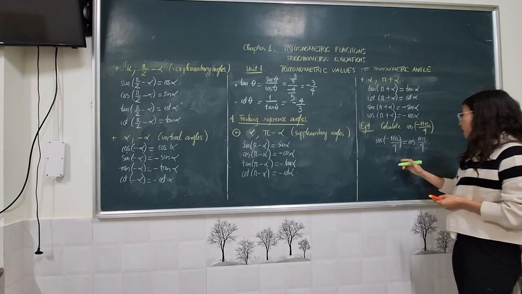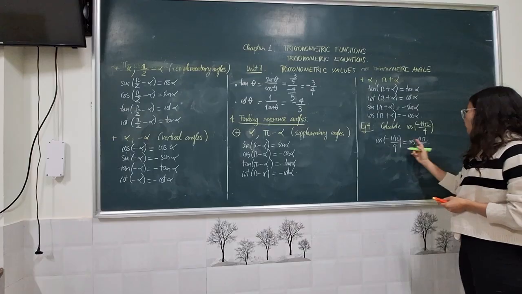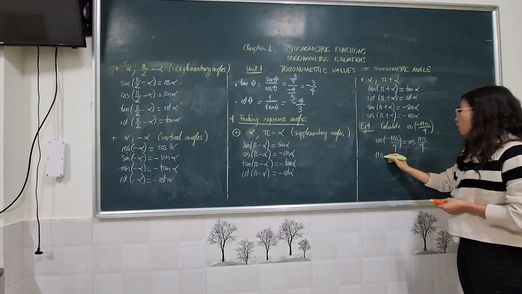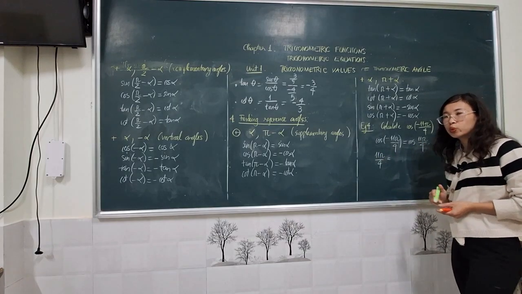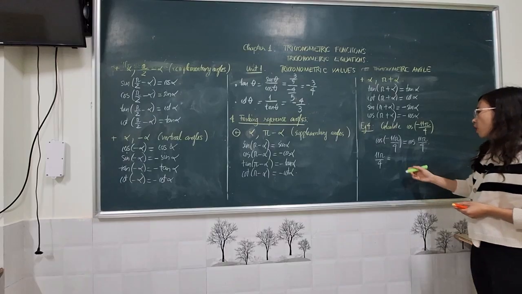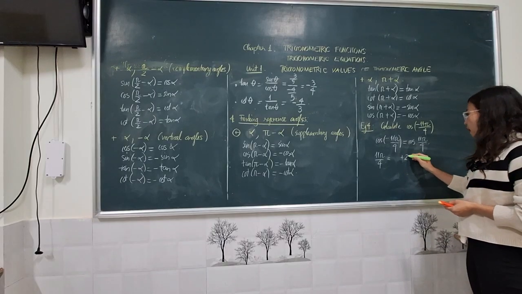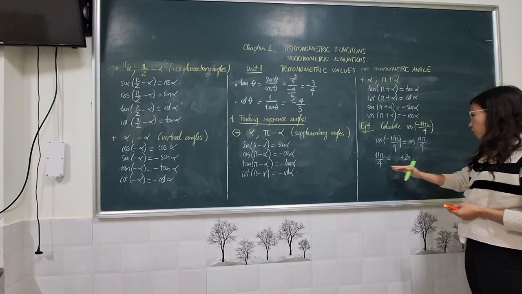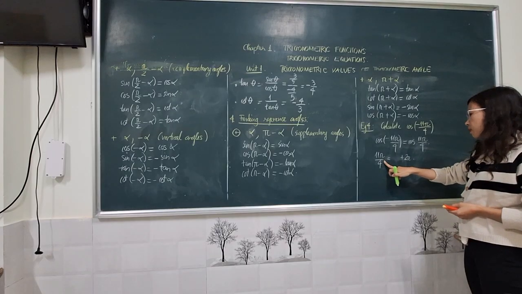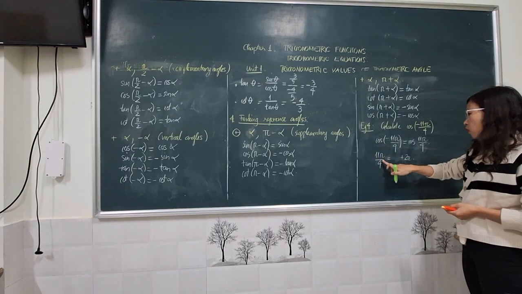After that you can see 11 pi over 4 is greater than 2 pi. So we can write plus 2 pi here. You can subtract 2 pi from 11 pi over 4.